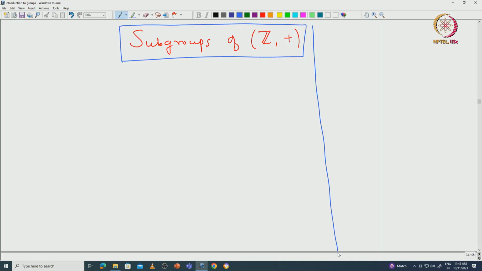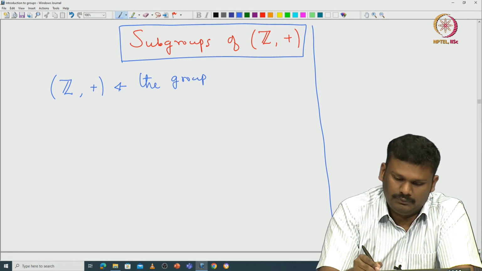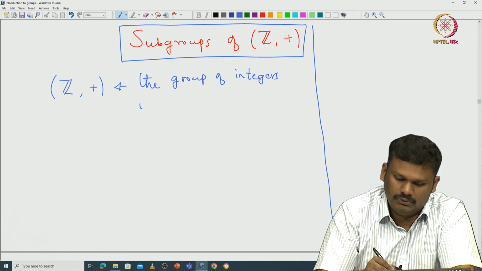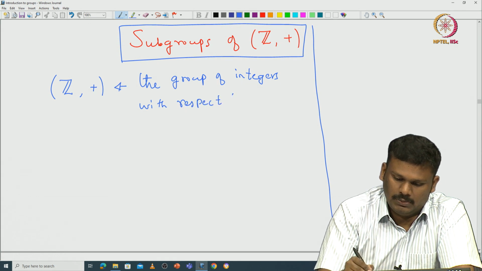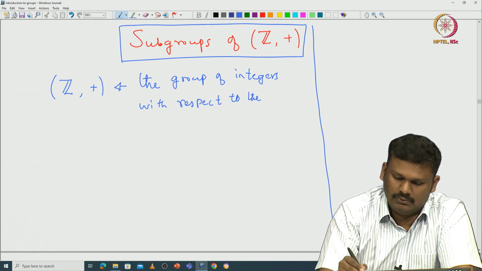Let me first recall. What is the group of integers? This Z plus is what we denoted as the group of integers with respect to addition.